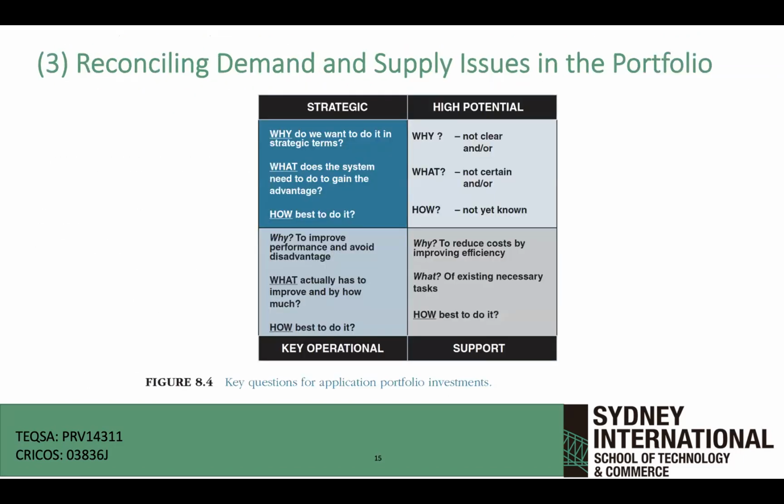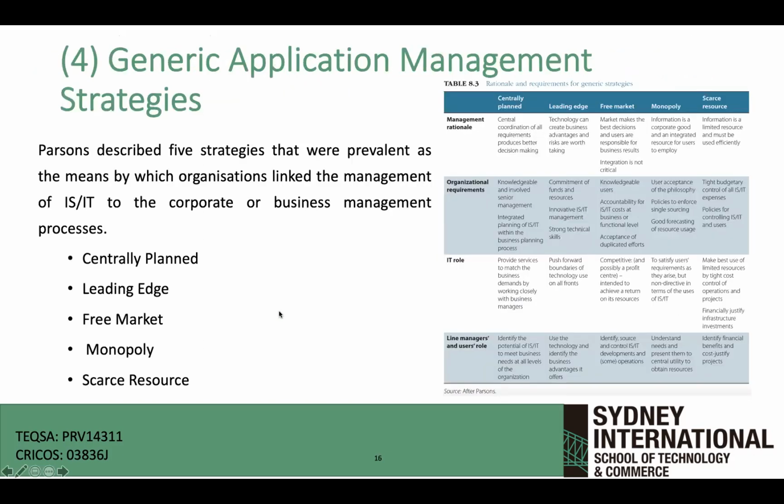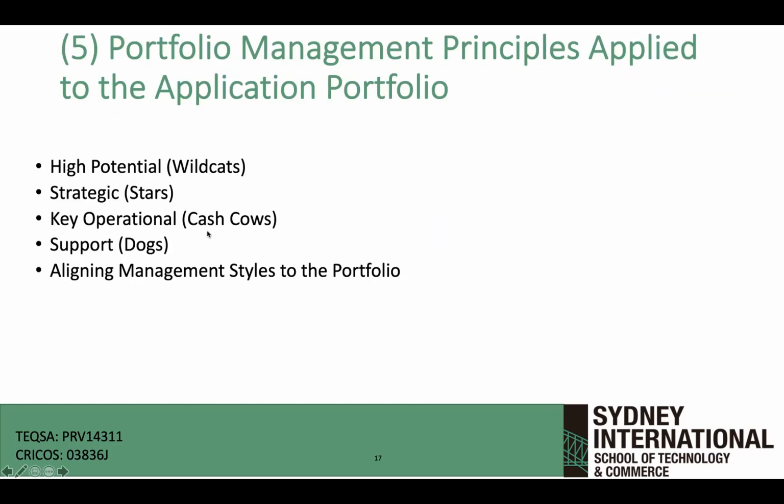So we think about all of these things I'm mentioning here: support, high potential, strategic, key operational. We need to think about all of these areas, and make sure we have the right investments in place for our high potential, for our strategic, for our operational, and for our support. And not only that, we also need to align the management style of the people who manage what we're trying to implement with this category of investments.